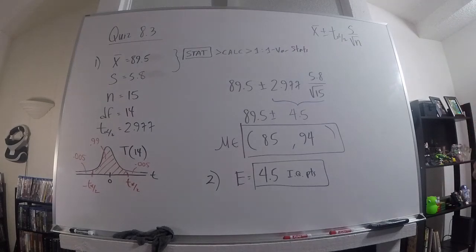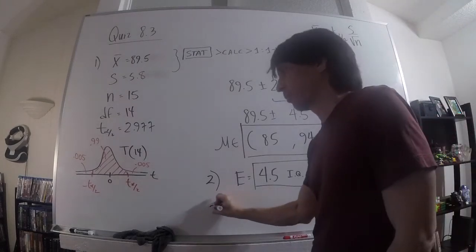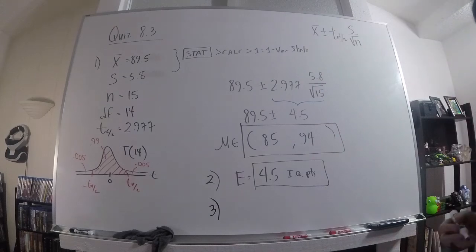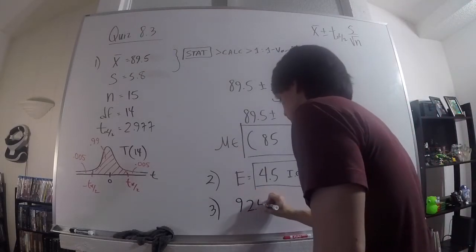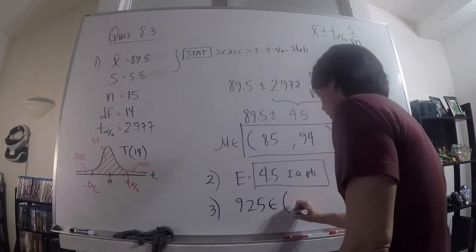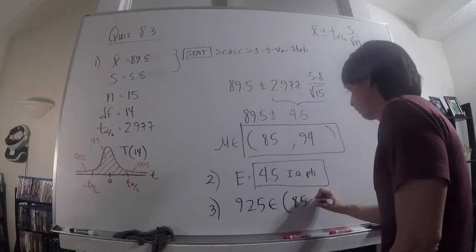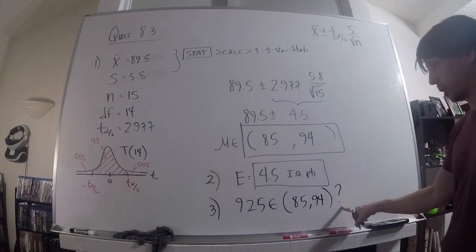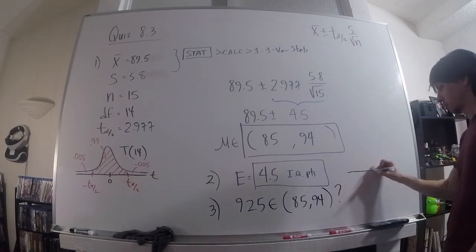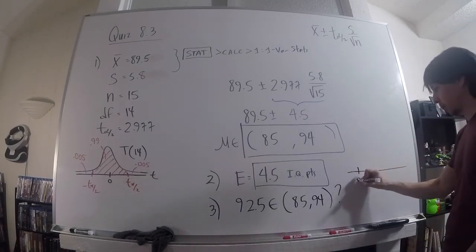And then if the true average, let's see, if the true average is 92.5, is that within here? Right now it's a question mark. I'm not saying it is yet, but I believe it is because we got 85 there.